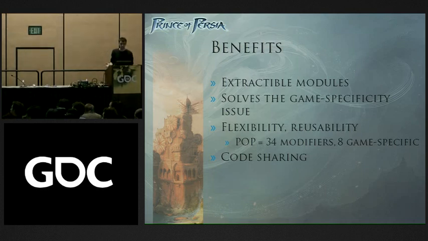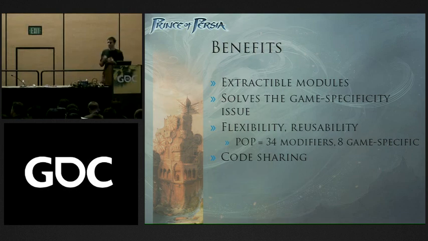So the benefit is that all those modifiers are very easily extractable. It's very easy to take one modifier and put it in a totally different camera mechanic, and you're going to be able to create your mechanic by only choosing which modifiers to use, and then putting them in the list of modifiers. It's also very useful for game specificity problems.